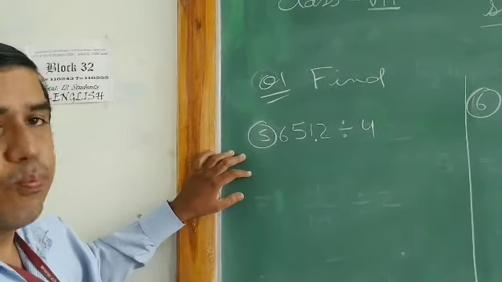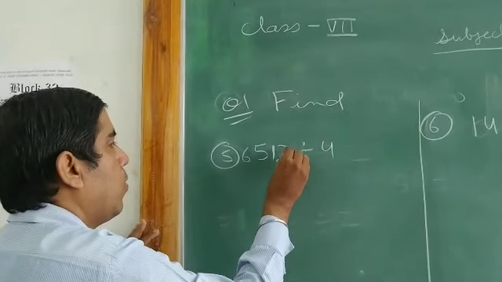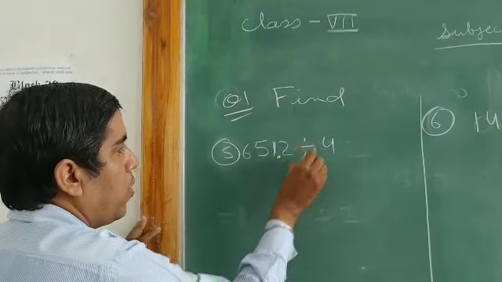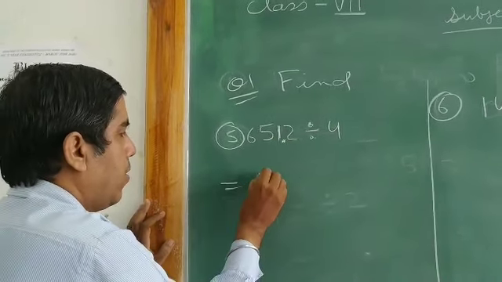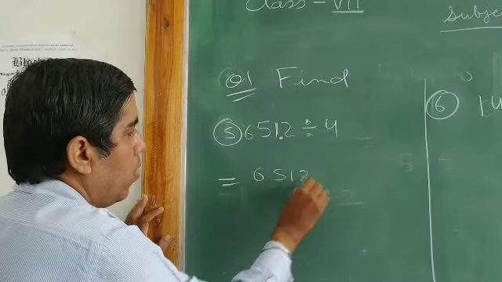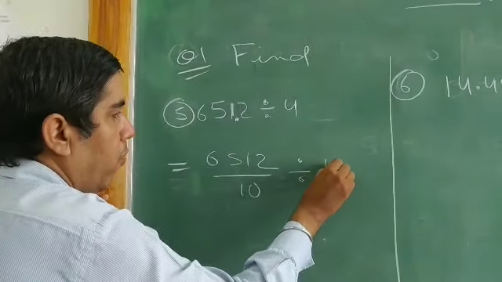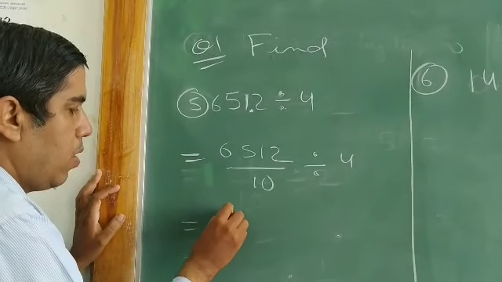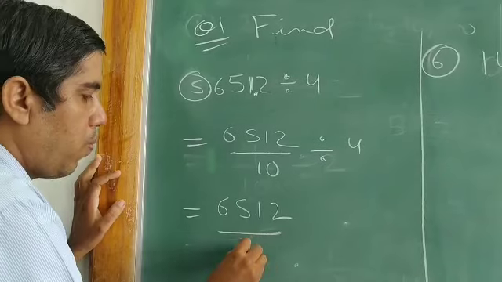Now we will see the fifth part. You can see the number is 651.2, meaning 651.2 divided by 4. So again the same method. First I will write 6512 divided by 10, and this 4 as it is. Now you can see here, 6512 divided by 10.